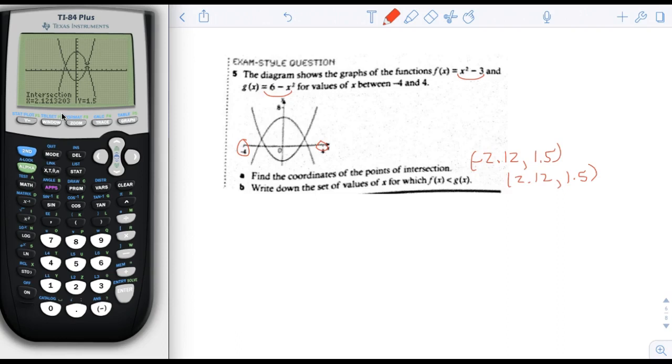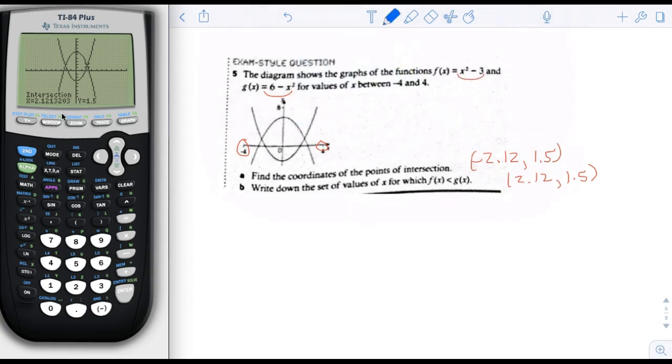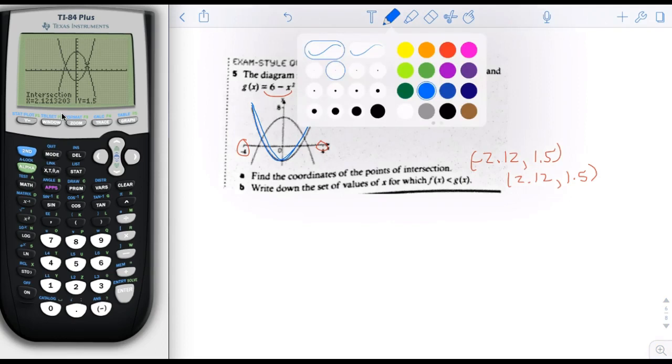Write down the set of values of x for which f of x is less than g of x. Okay, so let's color code our parabola, shall we? So f of x, we will make it blue, and f of x is this function. G of x, we will make green.